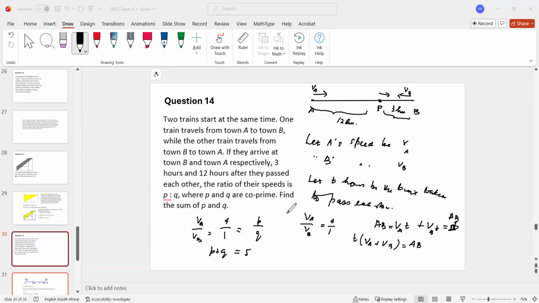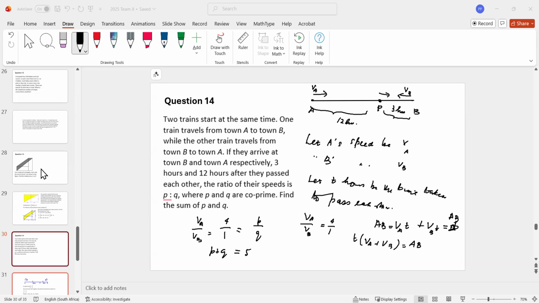I don't know, something very strange here. All right. Let me see what my answer is. It looks as if P will have to be 4 and Q will have to be 1 because this is the lowest term.